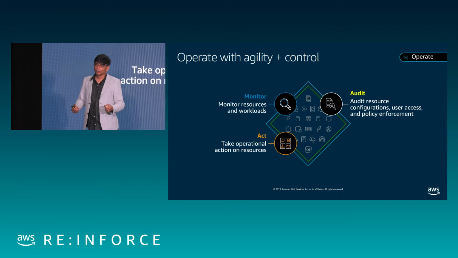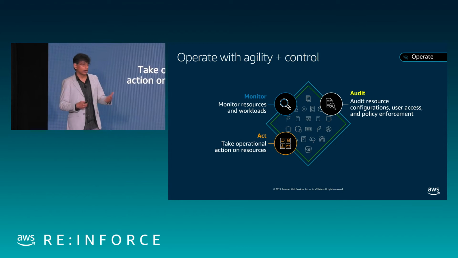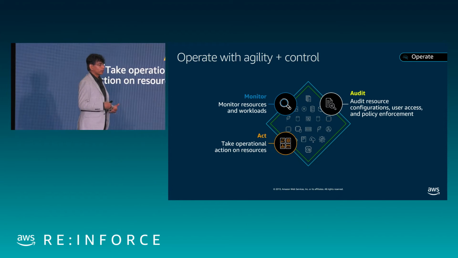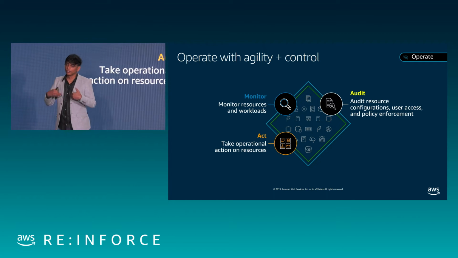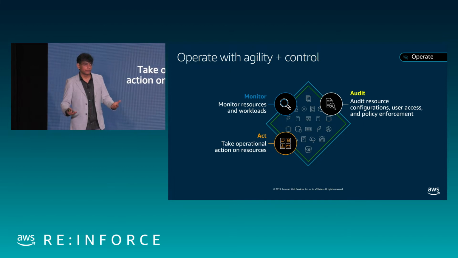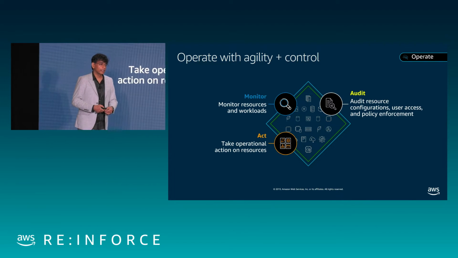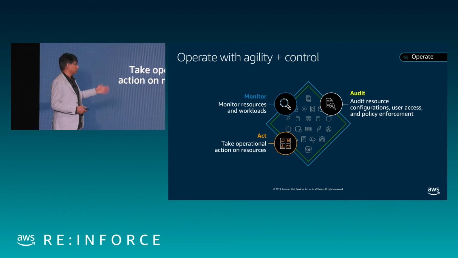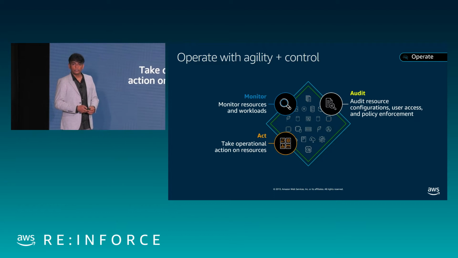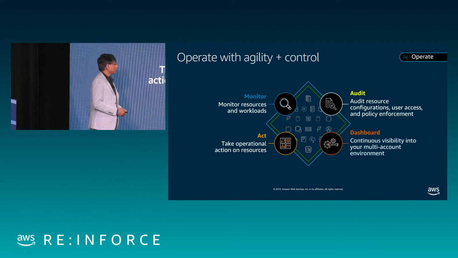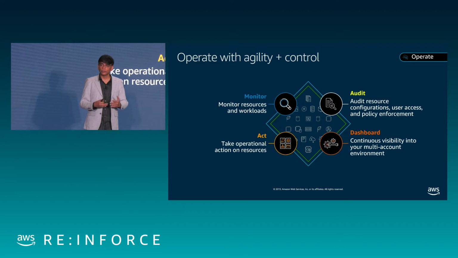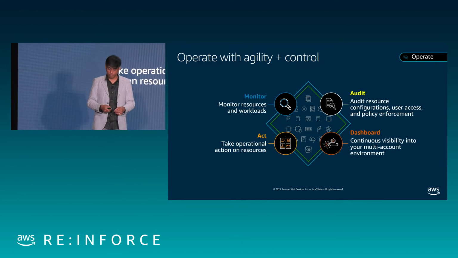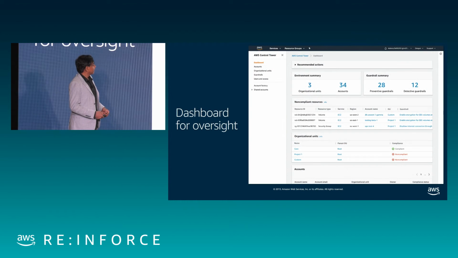Anything you see in the dashboard that displays an account or the set of resources that are not in compliance, you can quickly go using SSO inside that account and take remediation actions. Right? You can act on all those operational issues right away. And I talked about the dashboard, which brings it all together, offering continuous visibility into your entire environment. And this is what a dashboard looks like.